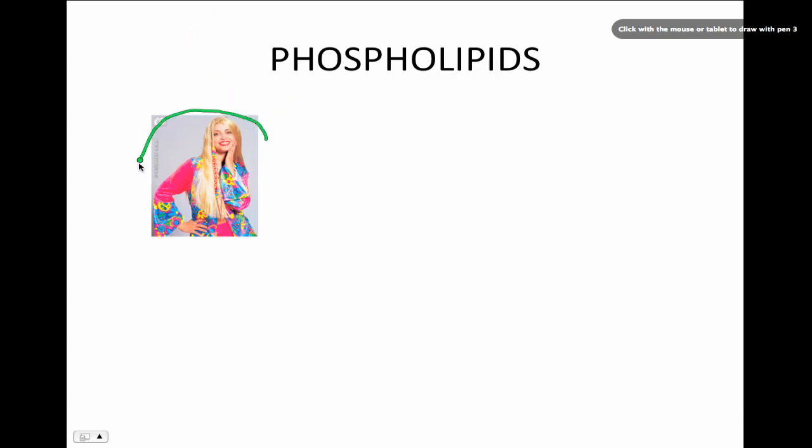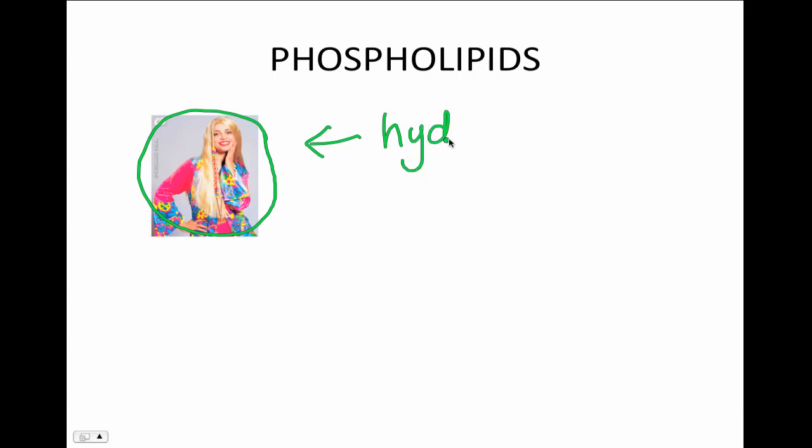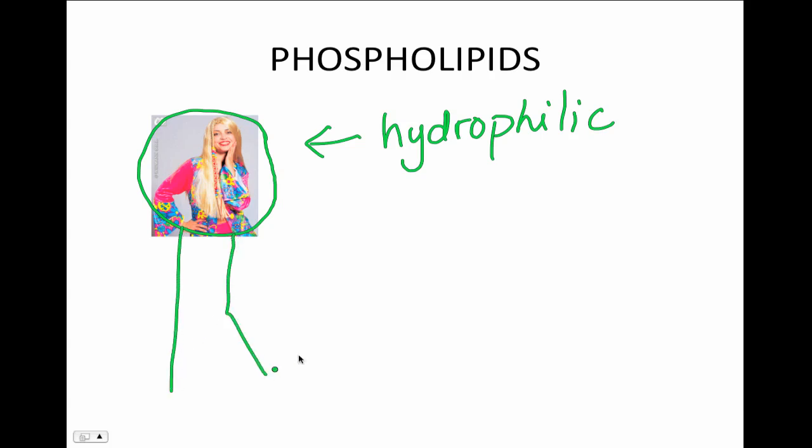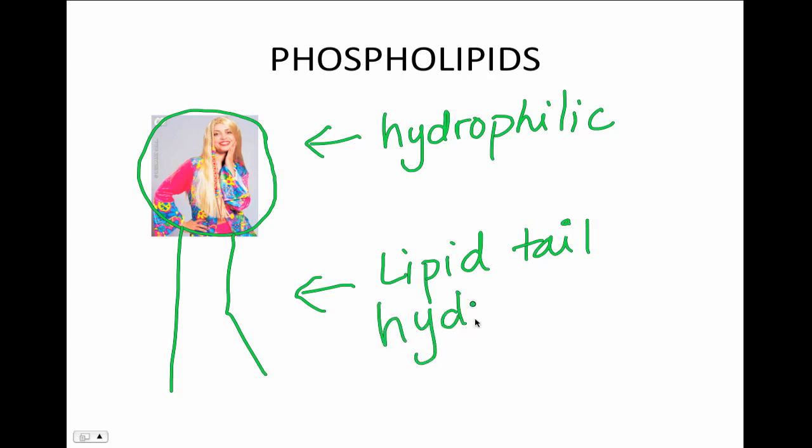So phospholipids are composed of 3 parts. They have one head, which is hydrophilic, and they have 2 tails, which are lipids, lipid tail, that is hydrophobic. And the hydrophilic head is actually made of, here's a hint, phospholipid.